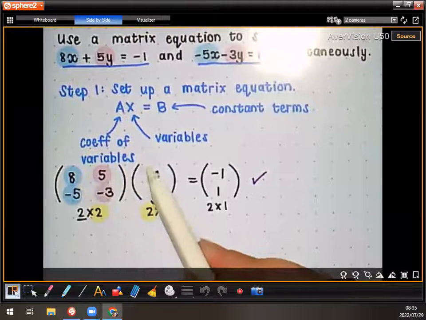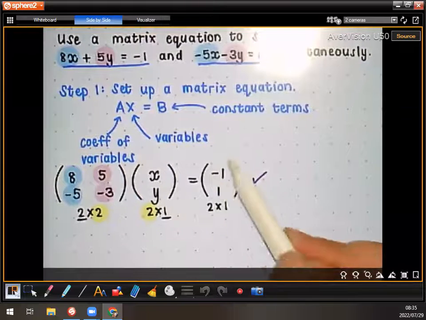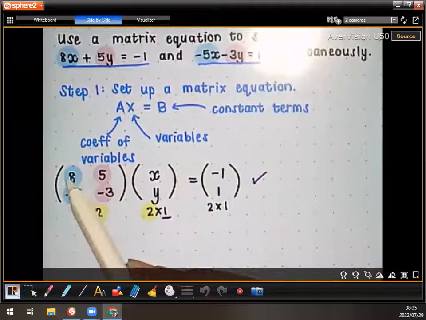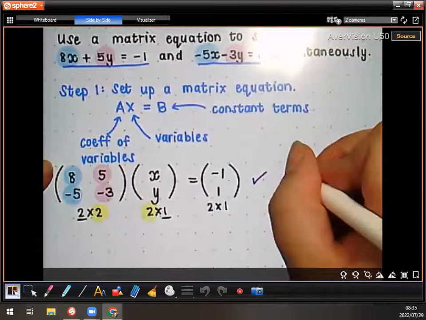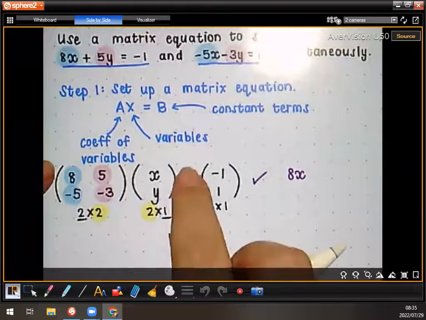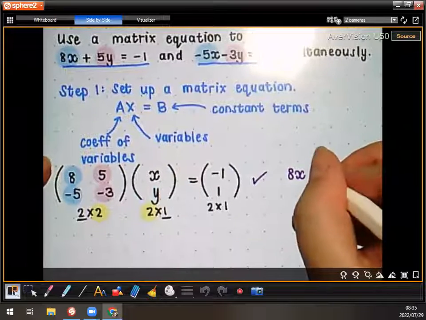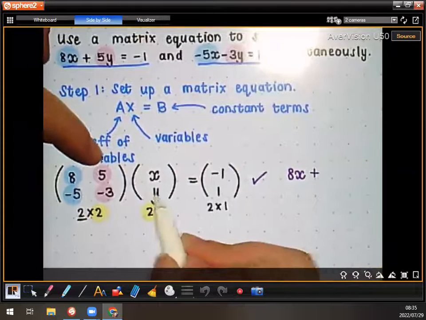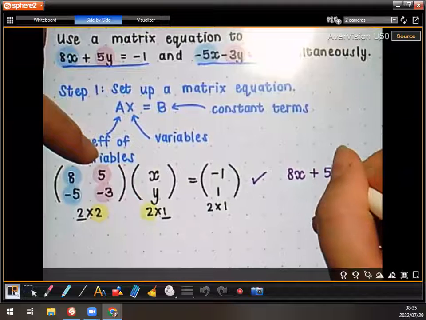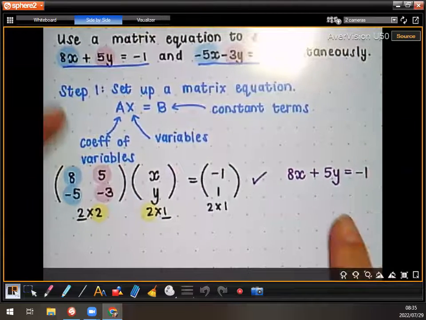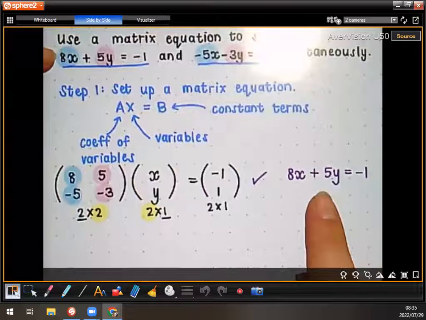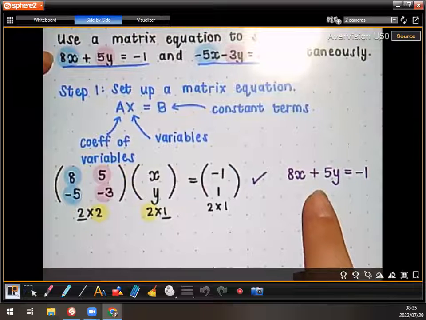First row times first column is supposed to give you that value, right? So first row times first column, 8 times x is 8x. Then you're supposed to add 5 times y, which is 5y. And that will then equal negative 1. Do you see that that is my first equation that they asked us to solve?